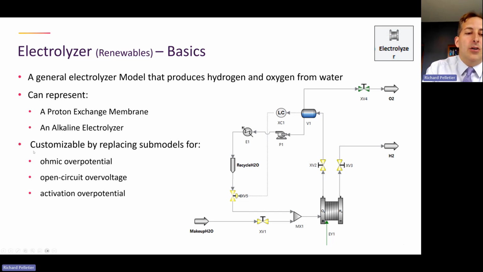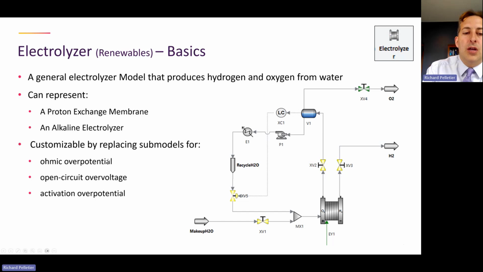All right, and then there are a couple different properties in the electrolyzer model that are represented through submodels. And so these are sets of calculations that are used specifically for these calculations. And each one of these model types, the PEM and the alkaline type, have their own type of submodel that is associated with these different pull downs, right?